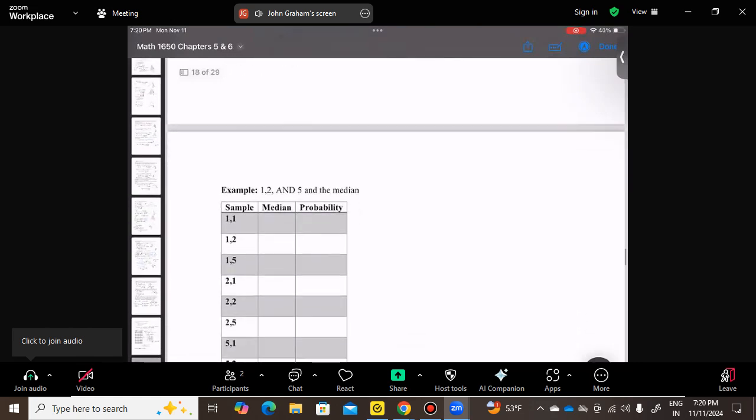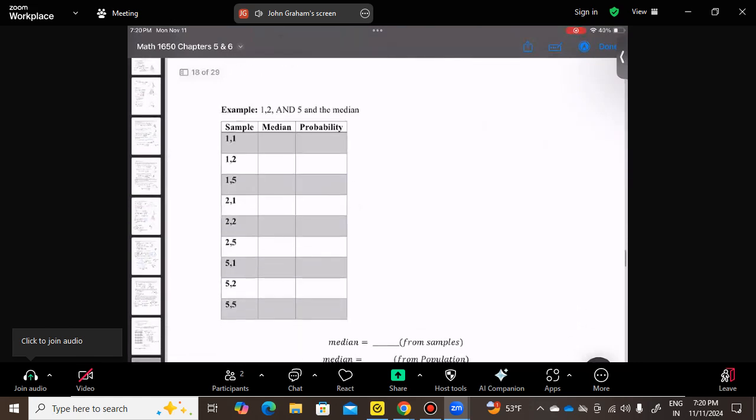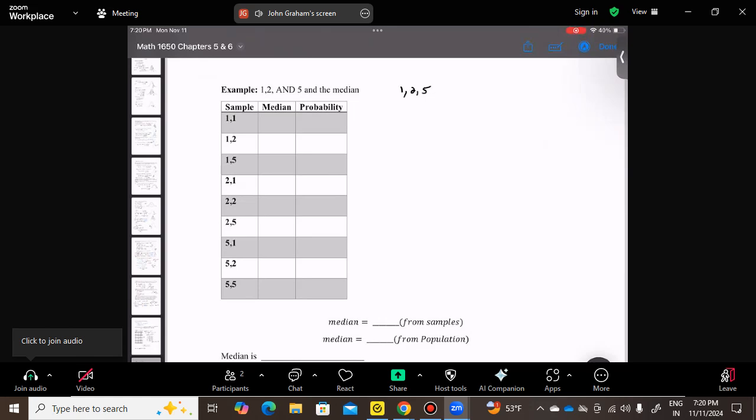Let's do the same thing with the median. Okay, 1, 2, and 5. Population median is 2. That's pretty easy to find, just the middle number. Now let's look at the median between these. If there are two numbers, you have to average them. So the median between 1 and 1 is 1.